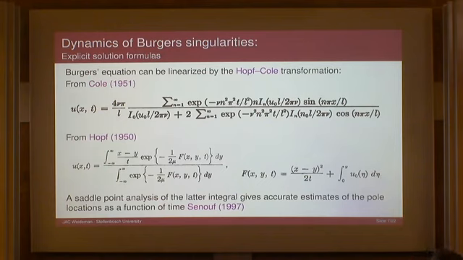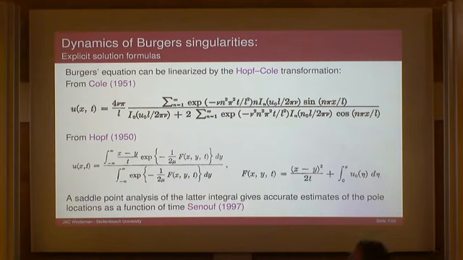Right, so that's what one finds in Cole. You can compute with this, but especially for small values of t, this is not so great. And then for theoretical analysis, maybe the integral representation that one finds in Hopf's paper is more useful.